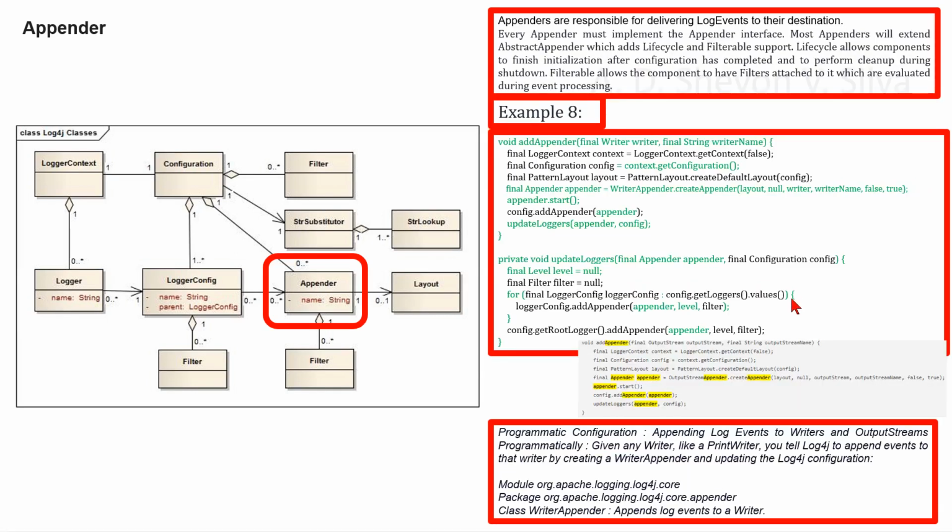Now we are considering appending log events to writers and output streams programmatically, in programmatic configuration. Given any writer, like a print writer, you tell log4j to append events to that writer by creating a writer appender and updating the log4j configuration.